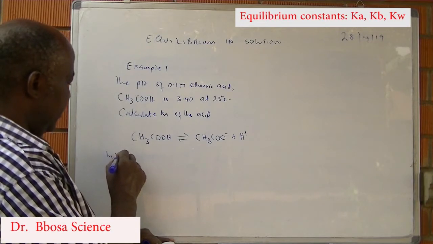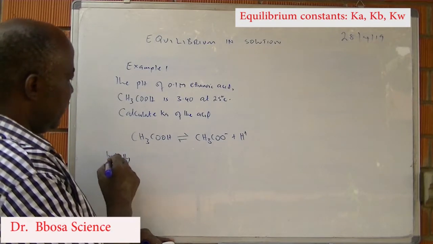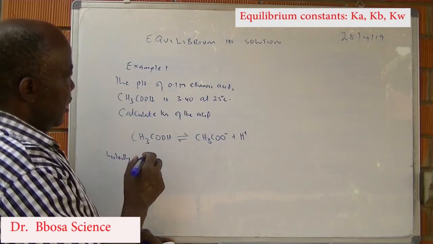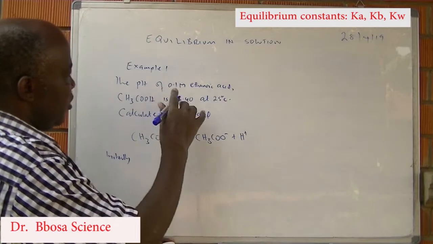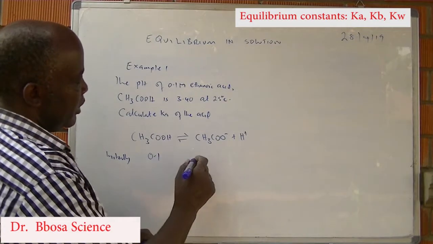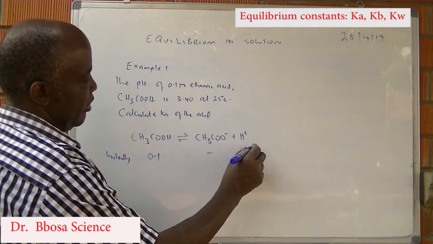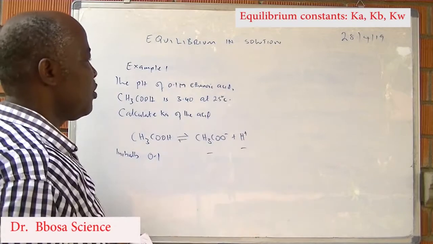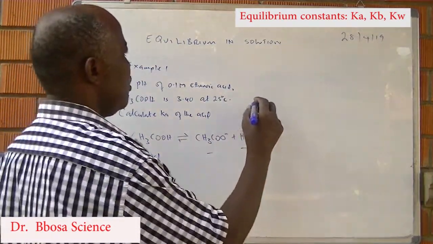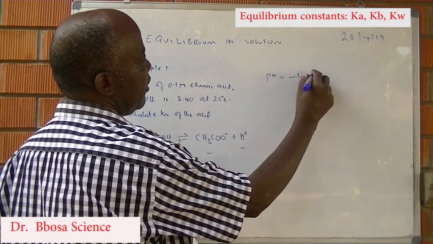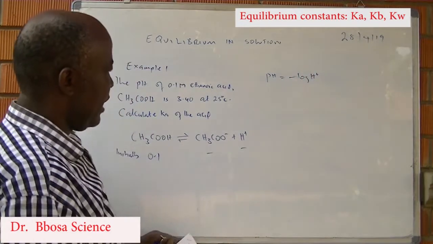Initially, they have told us that the concentration of the acid is 0.1 molar. There is no ethanoate ions, there are no hydrogen ions. At equilibrium, they have told us that the pH of the solution is 3.4, but pH is equal to negative log hydrogen ions.